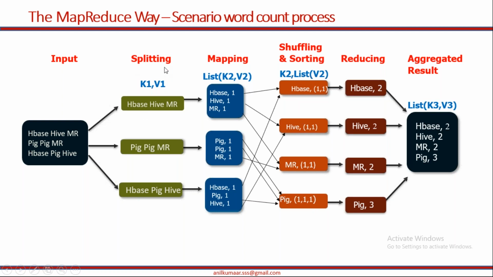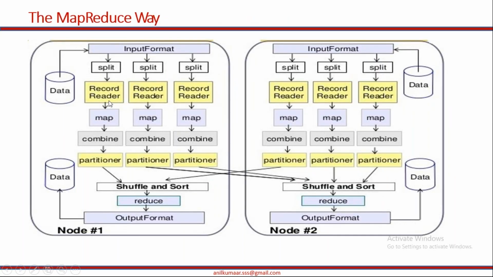So who will prepare this initial key value format for the mapper? The answer is pretty simple: the RecordReader. So the RecordReader is the guy who is preparing initial key value pairs from the given data. You have to mention some data. From the data, the initial splits will be taken care of by the InputFormat class.